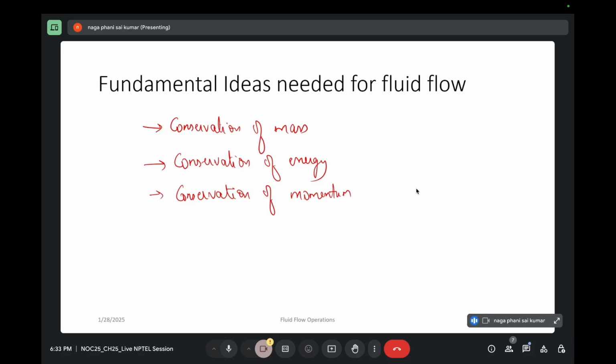Okay, so you need to have basic idea of all these three conservation laws. So this will help you in developing fundamental understanding of fluid flow.